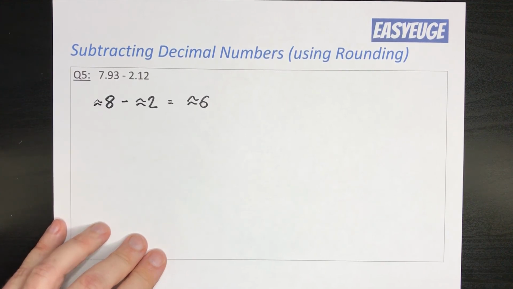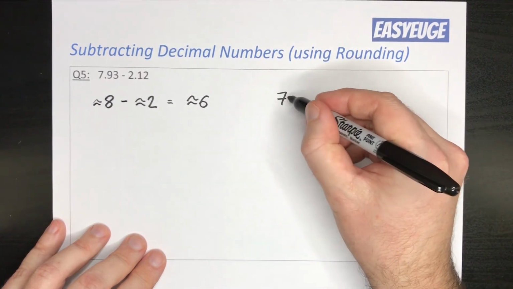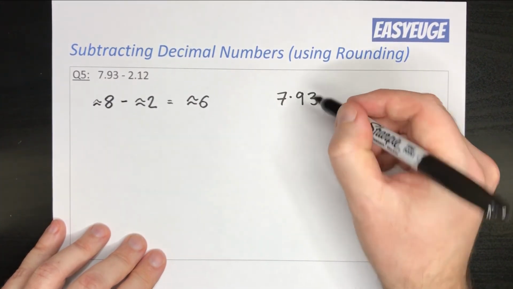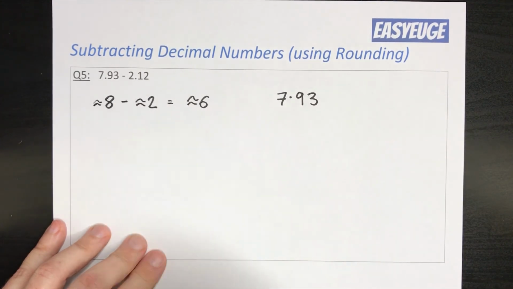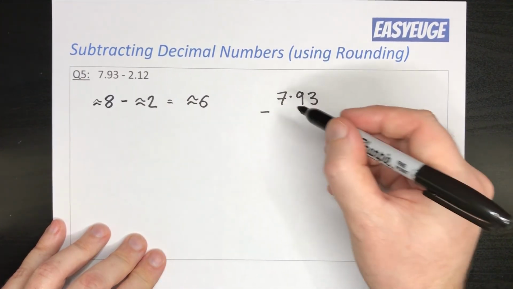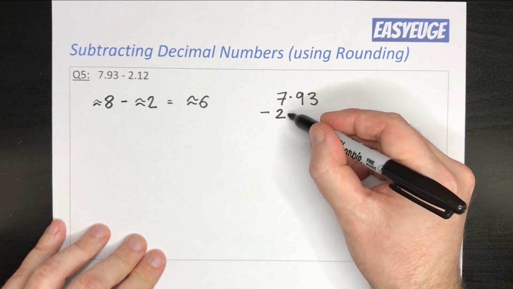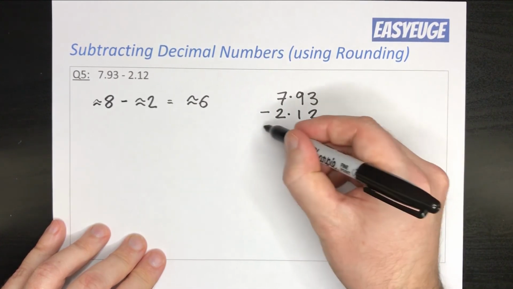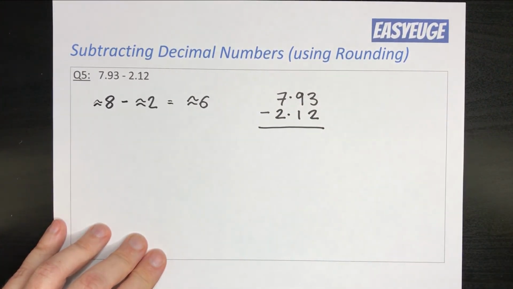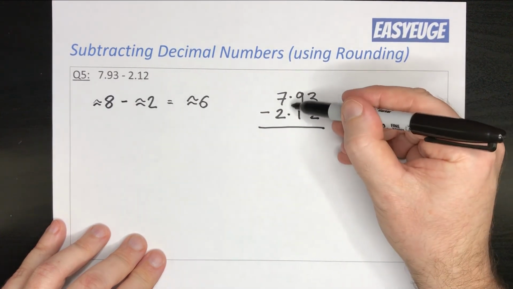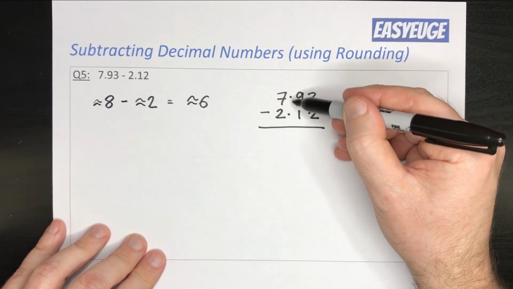So let's get straight into it using what we've learned in the video. So you start by simply writing down your number, 7.93, and we're going to take away or subtract 2.12, and you draw your answer line. And always keep the decimal points vertically above each other.